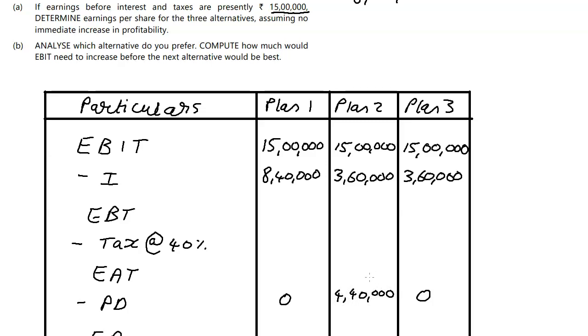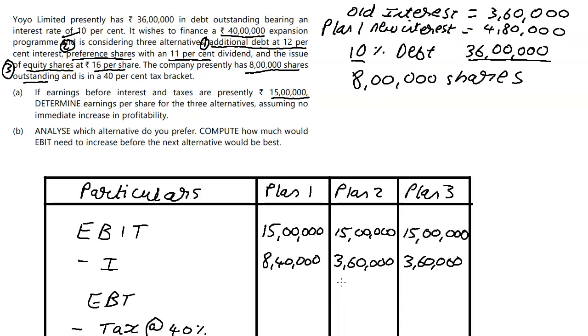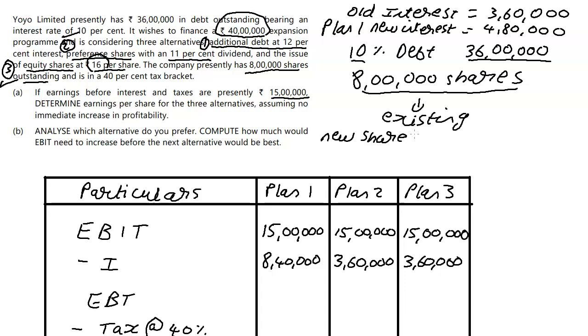Then, what else do we need to worry about? We need to think about number of shares, and they've told us that the number of shares is 8 lakhs, and that is the existing shares. In plan 3, we are issuing shares at 16 per share. How many shares? We want 40 lakhs. So we're selling each share for 16 rupees, we want 40 lakhs.